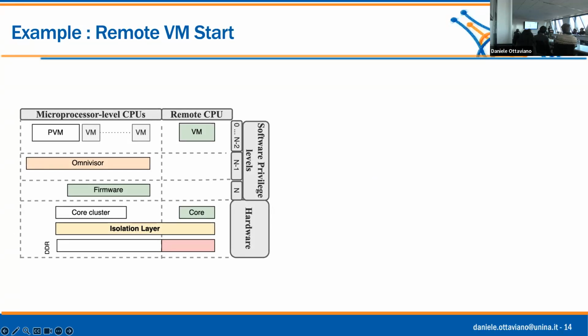Given a privileged virtual machine, so a PVM, that is a concept already known in static partitioning hypervisors, the PVM is the only one that can actually request the creation or destruction of a virtual machine to the hypervisor. In this case, to the Omnivisor.